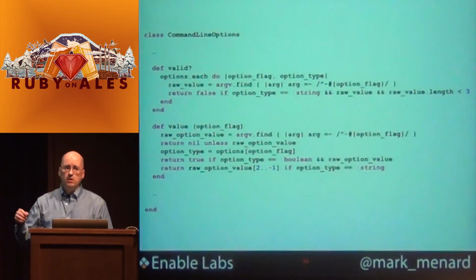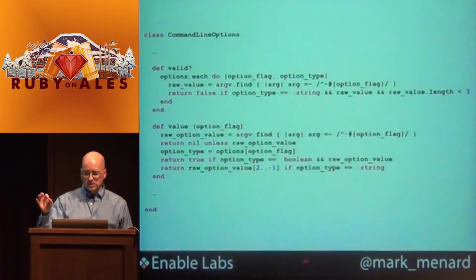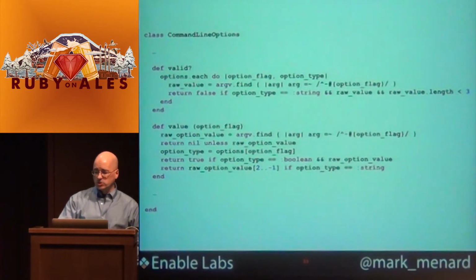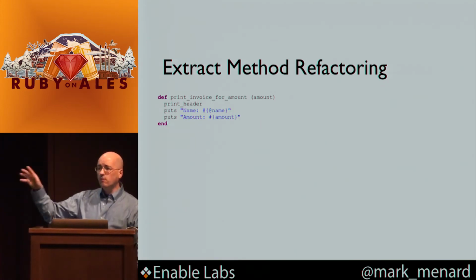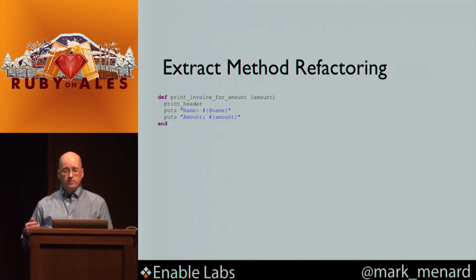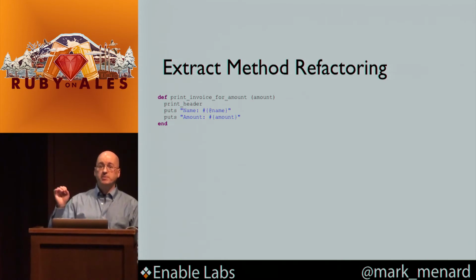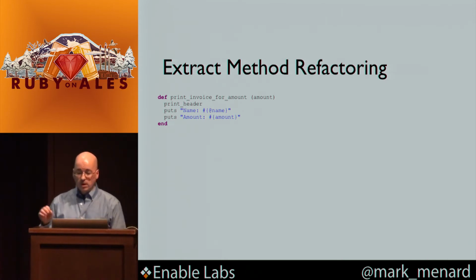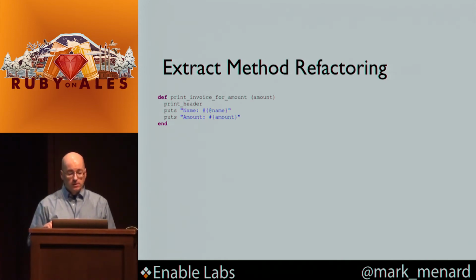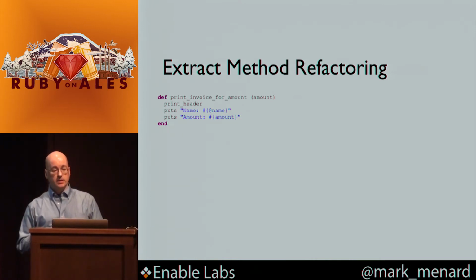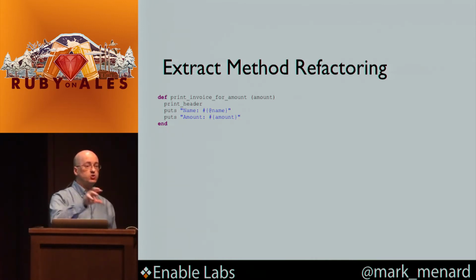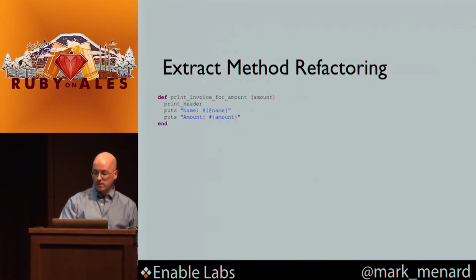Now we're going to start by cleaning up this code, making it small. We're going to eliminate some of the repetition with an extract method refactoring. And I'm just going to go over how that works. The extract method refactoring entails moving part of a method into a new method with a descriptive name, and that's very important, and then calling that new method. This refactoring helps us keep the level of abstraction consistent in the method that we are extracting from.